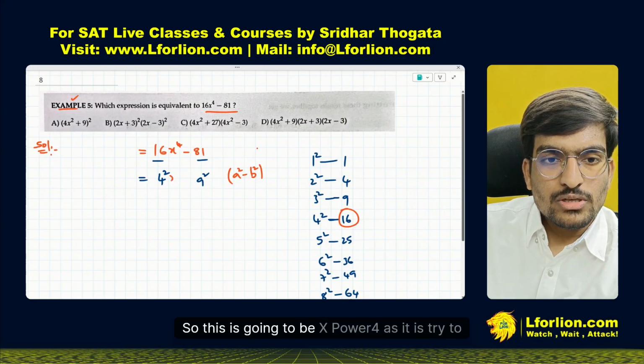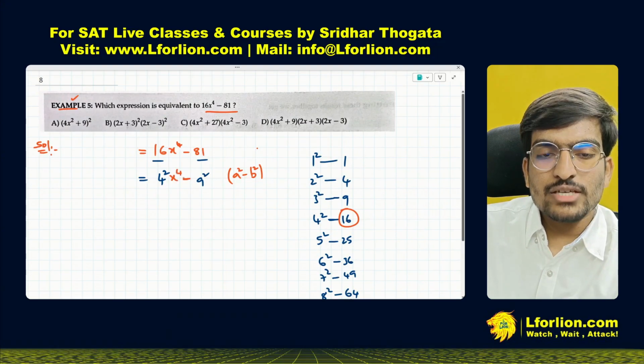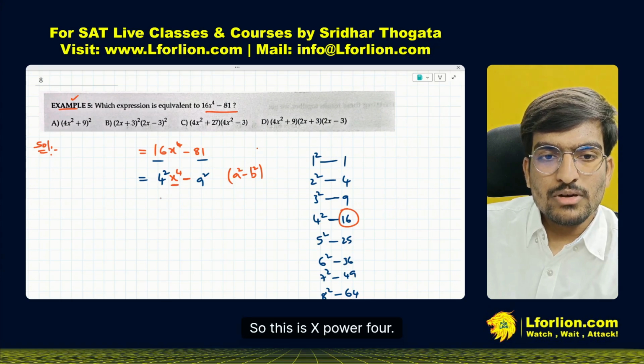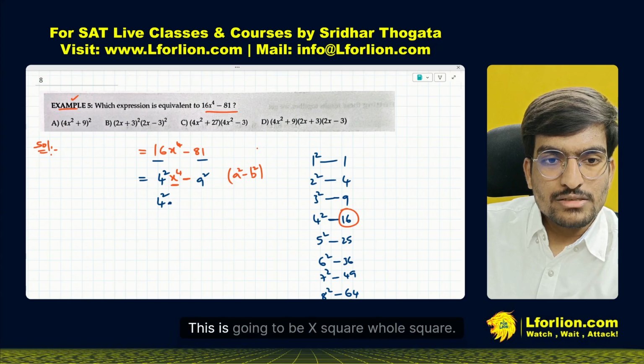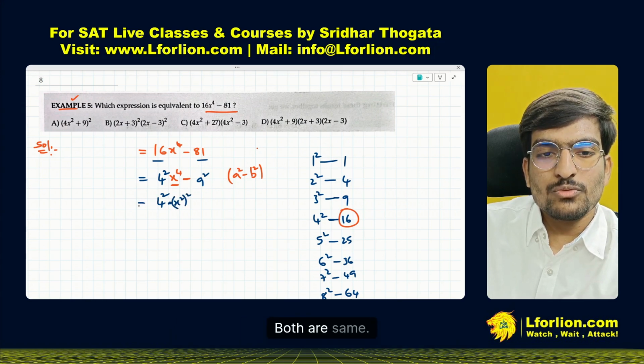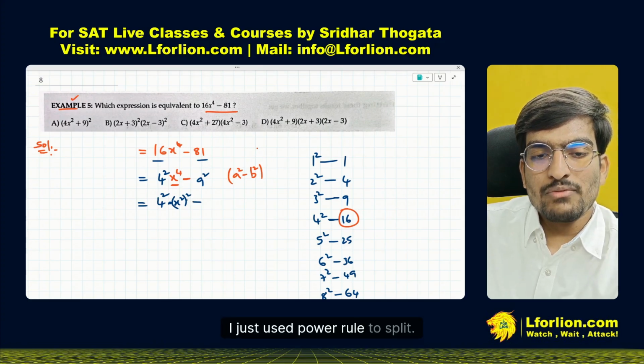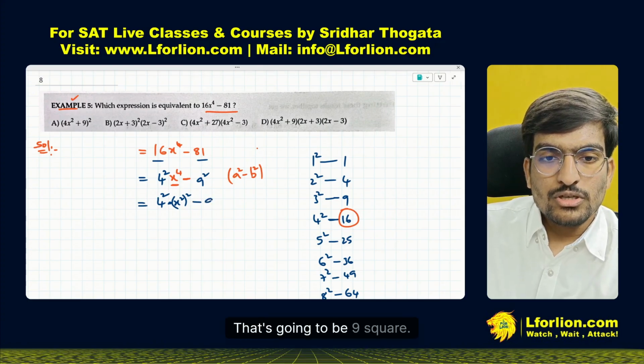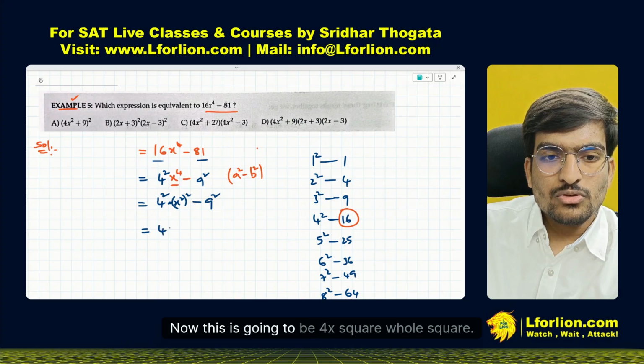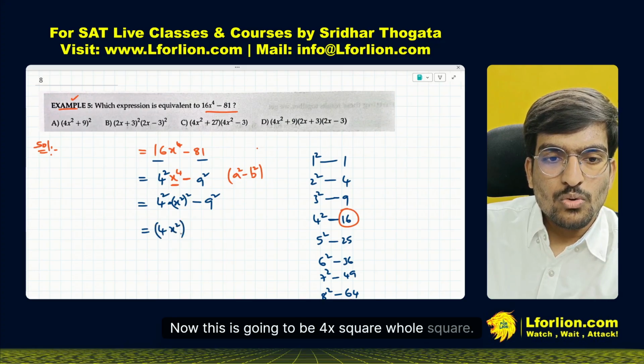So x power 4 stays as it is. I'll write it as x square whole square, since x square whole square and x power 4 are the same. I just used the power rule to split. That's going to be 9 square. Now this is going to be (4x square) whole square.